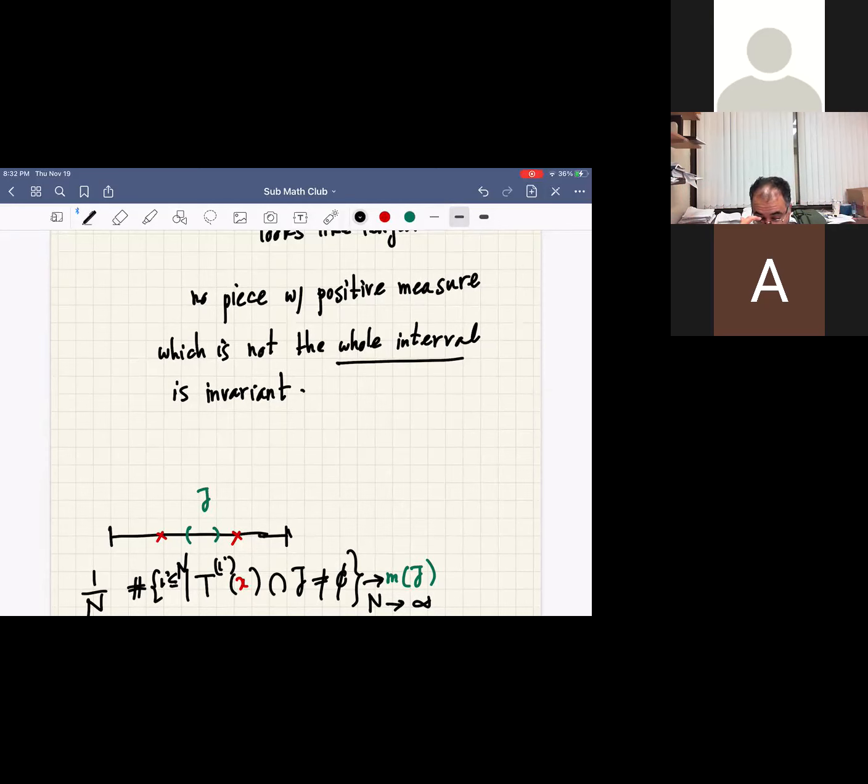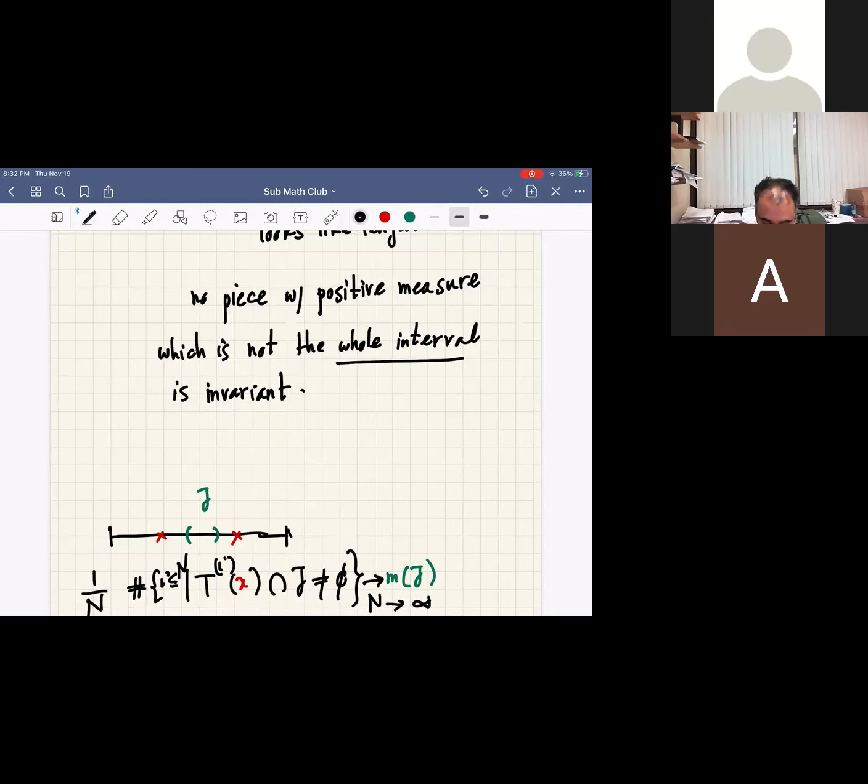This average converges, so these are all numbers, and these numbers are going to converge to just the measure of this set. And this happens only when this dynamical system T, this interval exchange map T, is ergodic with respect to the measure. So this is just correct for these things.